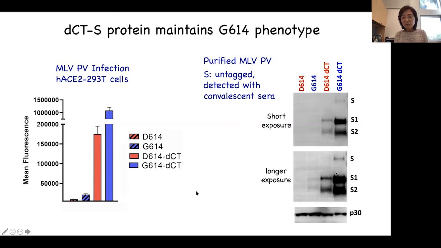There is about a 1 log difference. Before we sent it to cryo-EM, we saw the spike density on Western blot. For full length, you cannot even see the spike S1 and S2 bands, and delta CT incorporates a lot more S protein. But between D and G, the phenotype is still maintained.